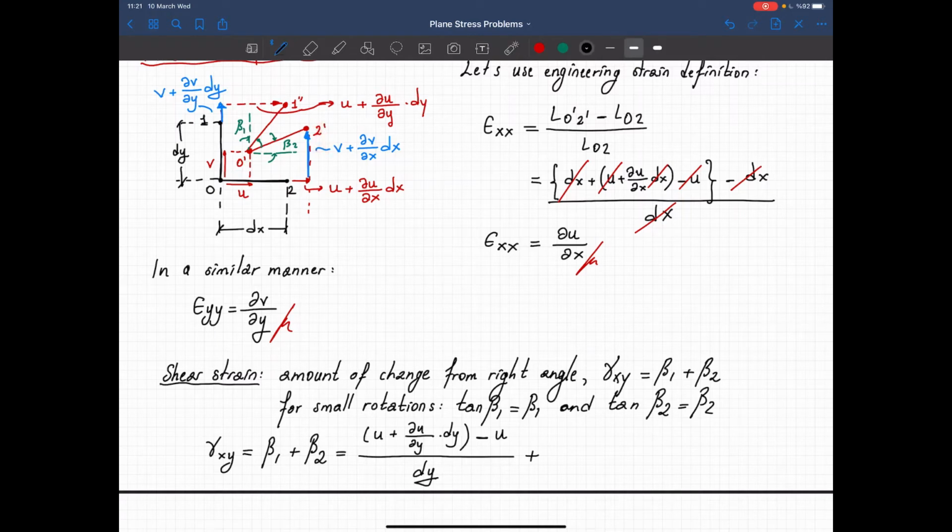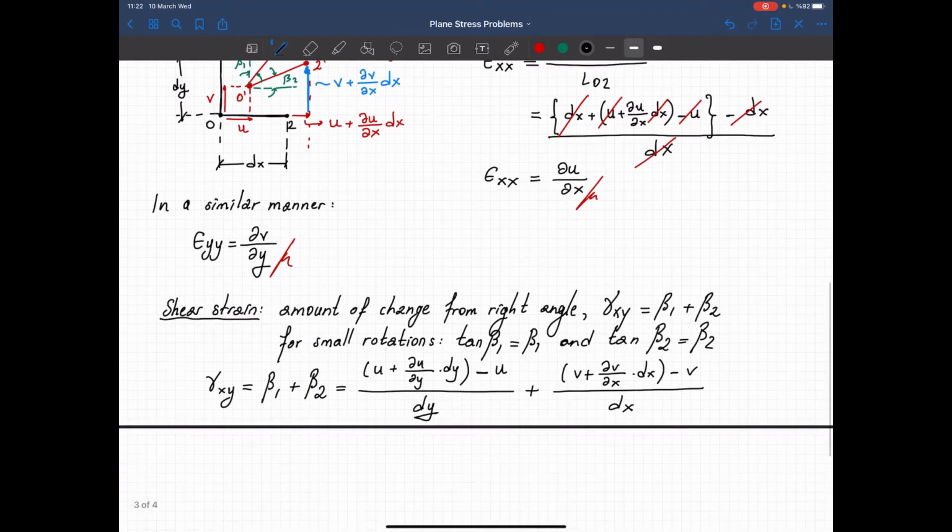So that's equal to v plus del v over del x dx minus v divided by this length, and we are taking this length as equal to the initial length, that's equal to dx.